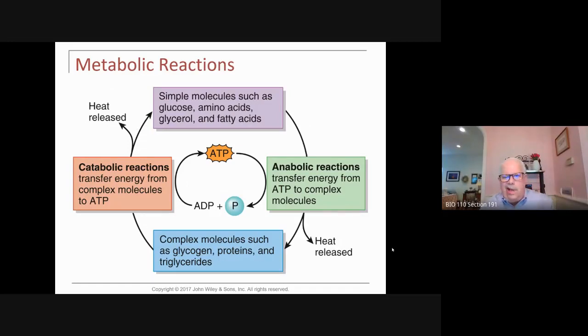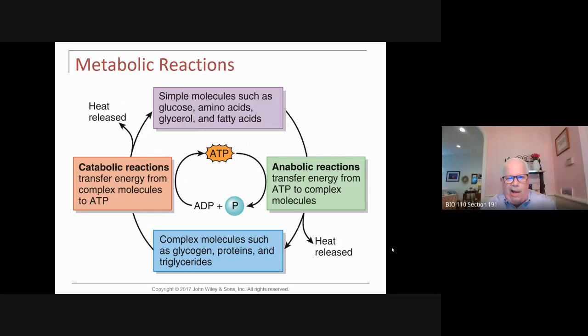And you can kind of see here that ATP actually is the result of ADP, adenosine diphosphate, plus another phosphorus, making adenosine triphosphate.